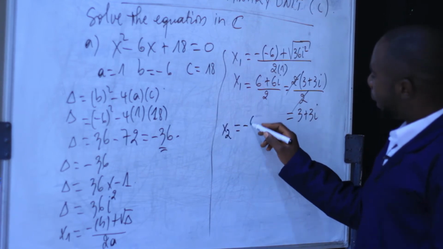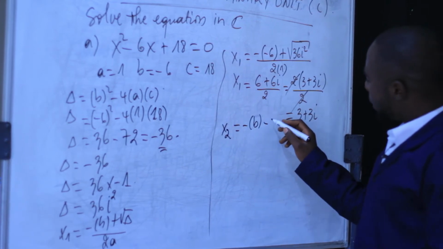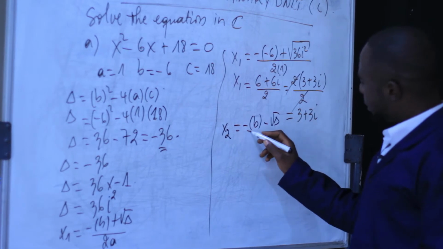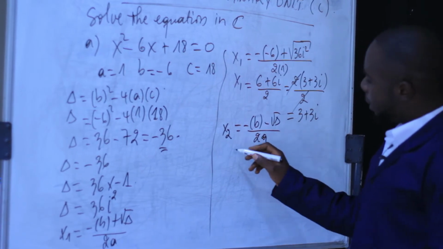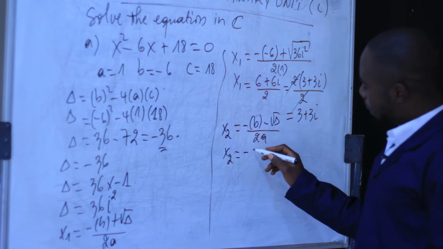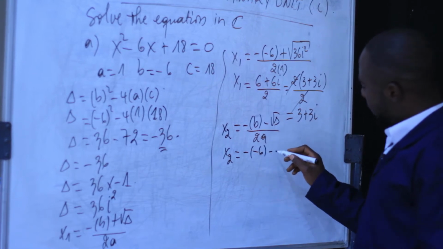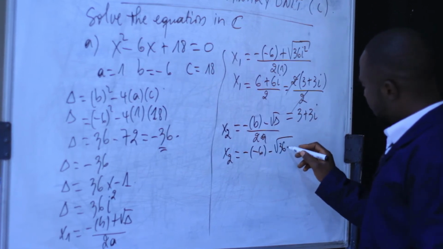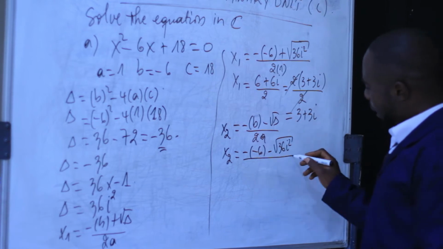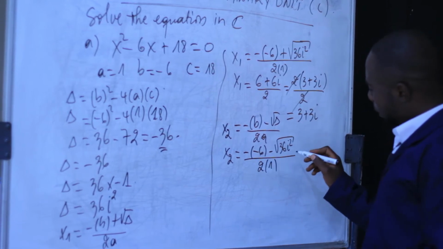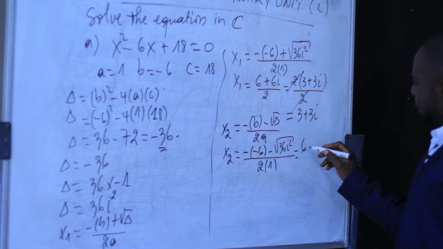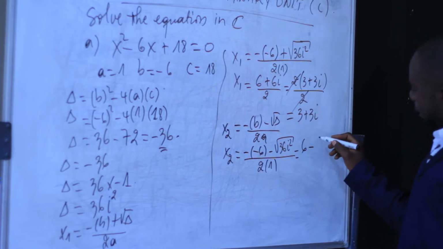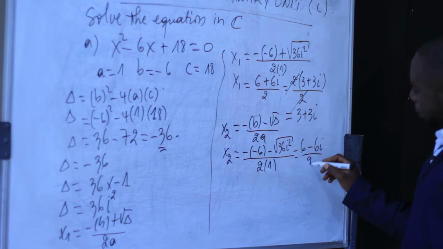x2 is equal to minus b minus the square root of discriminant, over 2a. x2 will be equal to minus negative 6, minus the square root of 36i square, over 2 times 1, which is equal to 6 minus 6i over 2.